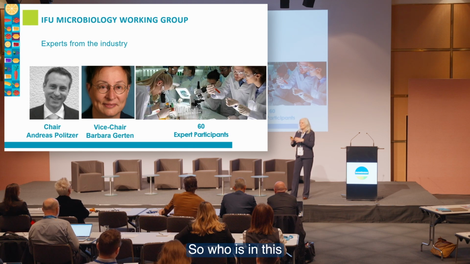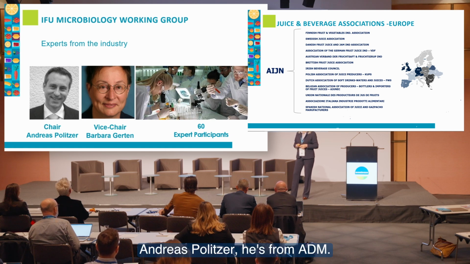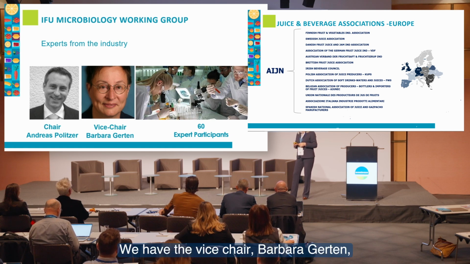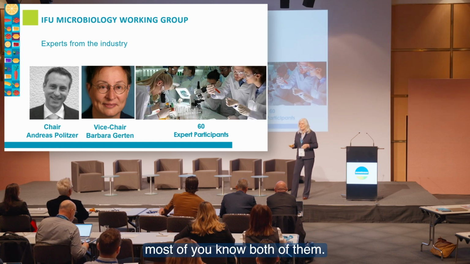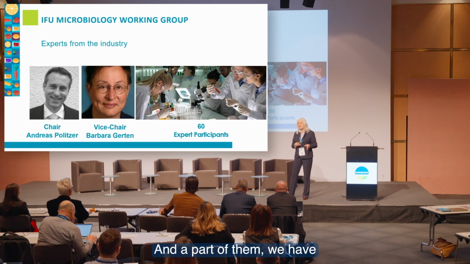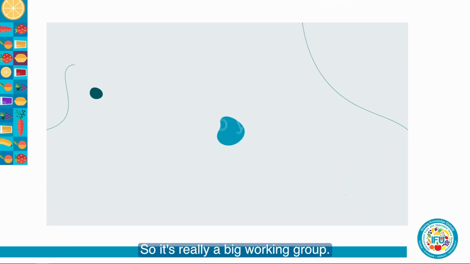So who is in this microbiology working group? We have the chair, Andreas Politzer, from ADM. We have the vice chair, Barbara Gerten, who works for Merck. I'm pretty sure most of you know both of them. Apart from them, we have 60 experts from the industry, so it's really a big working group.